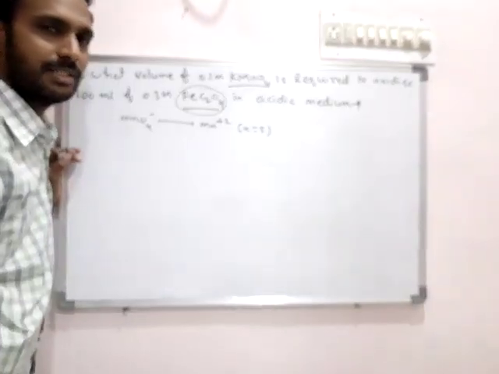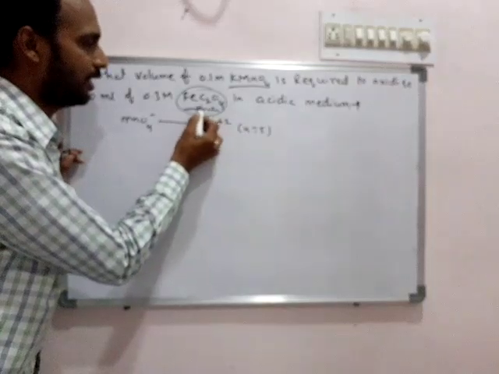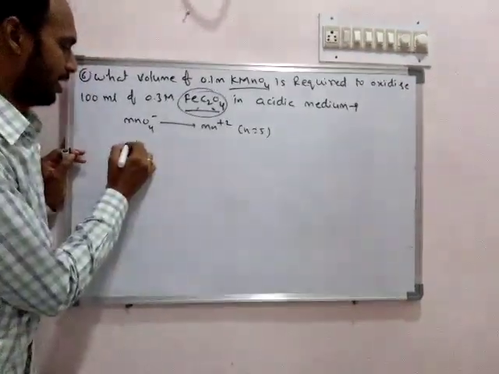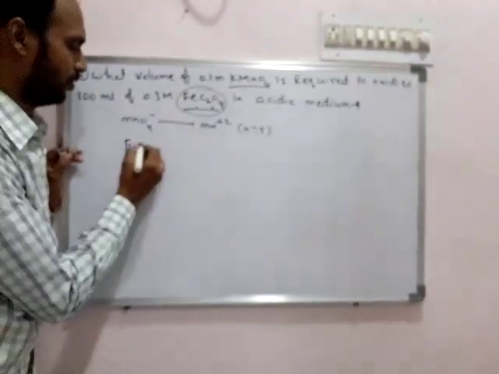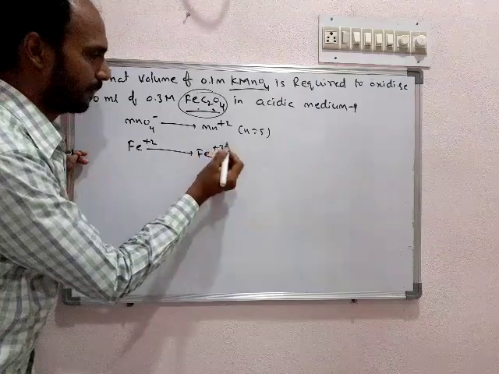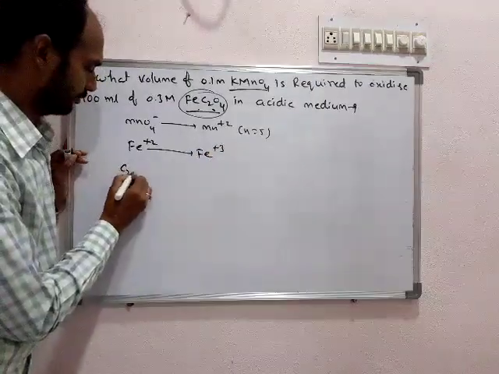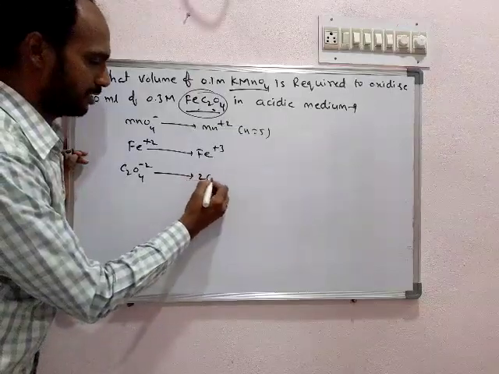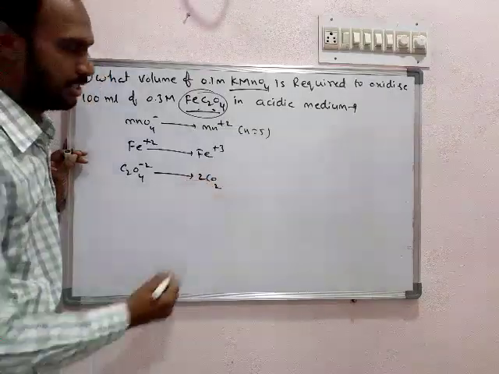Generally this is the best example for the compounds in which both cation and anion undergo oxidation. Here in FeC2O4, Fe plus 2 becomes Fe plus 3, and C2O4 minus 2 oxalate becomes 2 CO2.